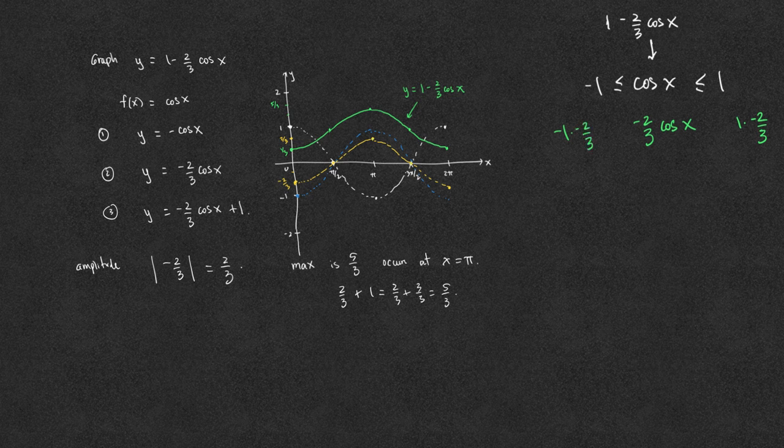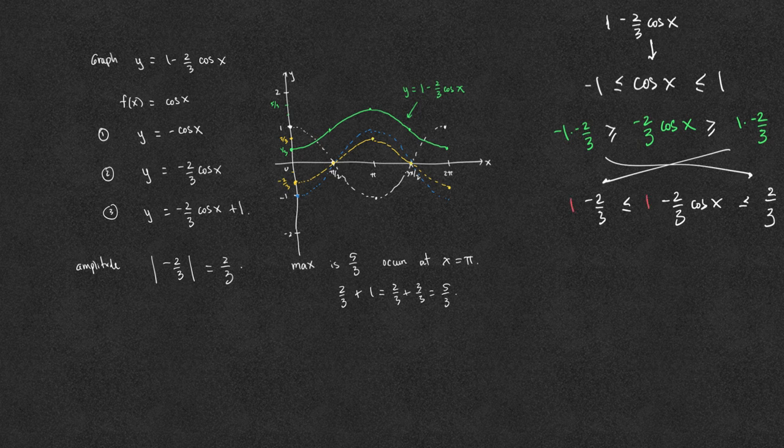But in an inequality, if we multiply by a negative number, we need to flip the inequality sign. And so this is now negative 2/3 less than or equal to negative 2/3 cosine of x less than or equal to positive 2/3. And then we still need to add 1 to this.